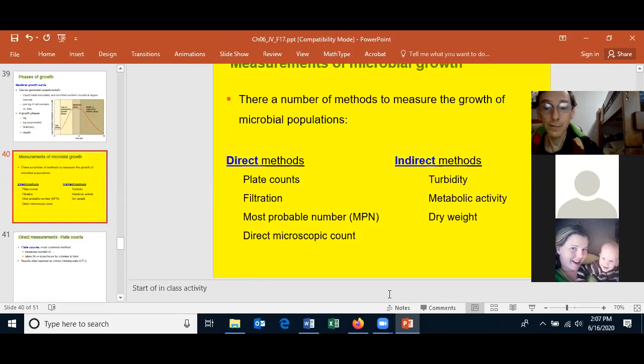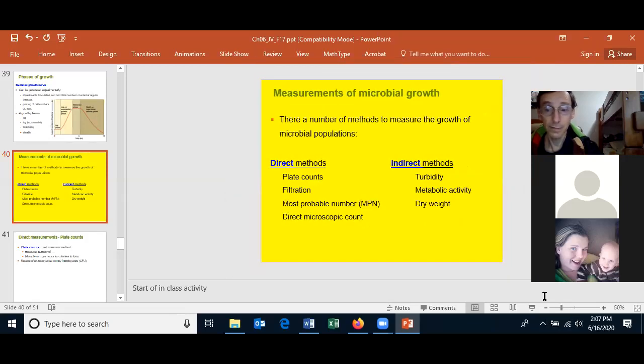All right, any question about any of that? When we're talking about cells growing, there are different ways to grow the cells. There are different methods to measure the growth of microbial populations.